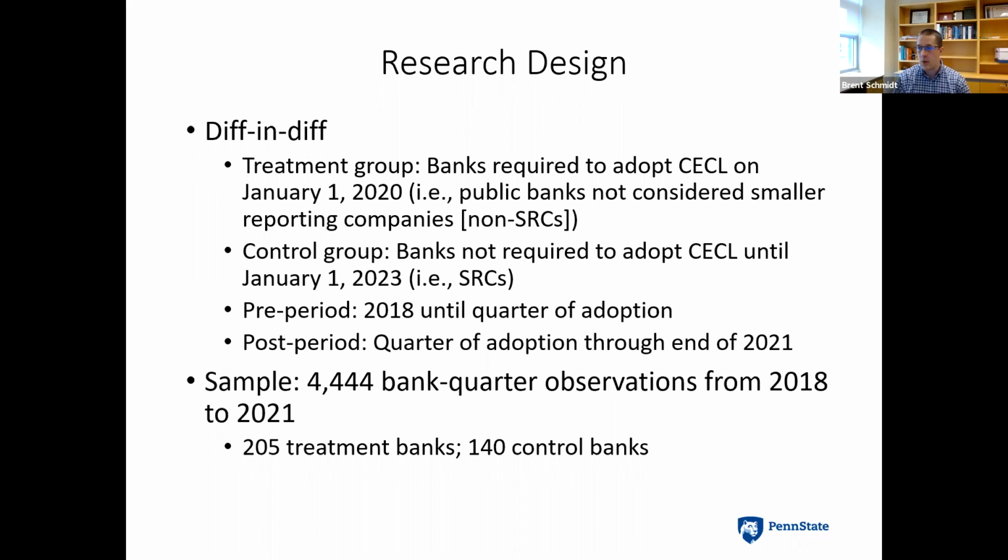I know of at least one instance where a bank, I believe a smaller reporting company, did decide to early adopt at the beginning of 2021. I think I've seen another paper in this space that found additional banks that decided to early adopt. But that's not something we have necessarily considered in terms of modeling that choice.